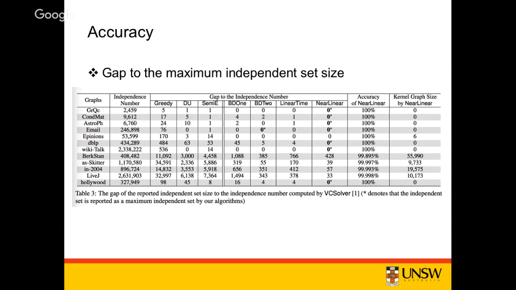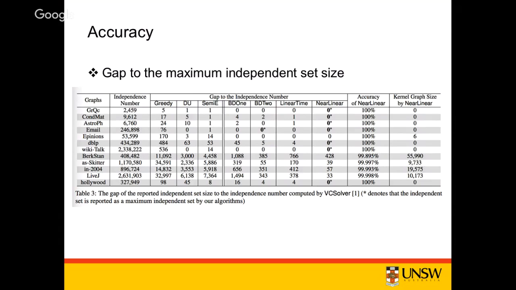I have a question about the accuracy here. Is that based on the number of independent sets? Yes. Do you have accuracy based on the number of nodes? Like if you have a missing independent set here, how many nodes are there in that missing set? You mean how many nodes at which point? Like if it's not accurate, for example, the LiveJournal case, how many nodes are missing in your final result? This is actually the definition of the gap.